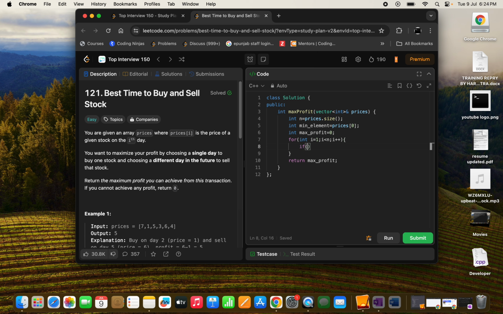What I will compare: if my minimum element is greater than prices of I, I will simply update my minimum to prices of I, and else if my prices of I minus minimum element, which is my profit, is greater than max profit, then I will simply update my max profit to prices of I minus minimum element.